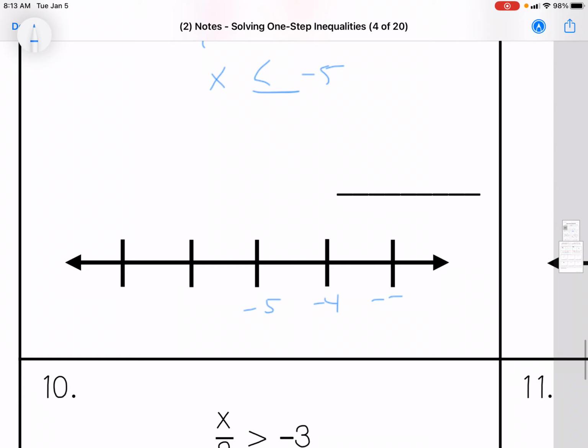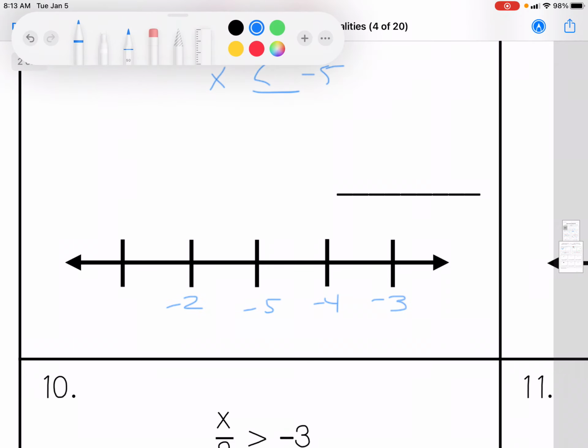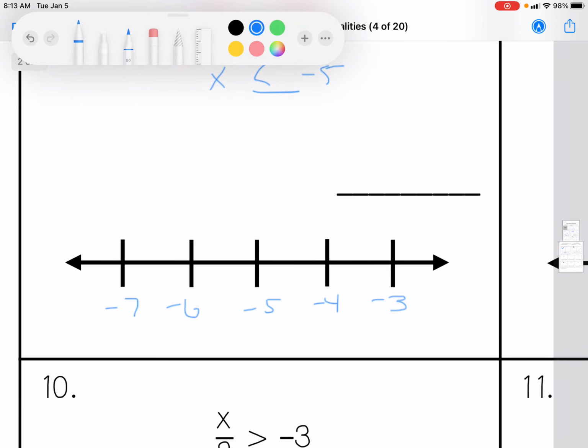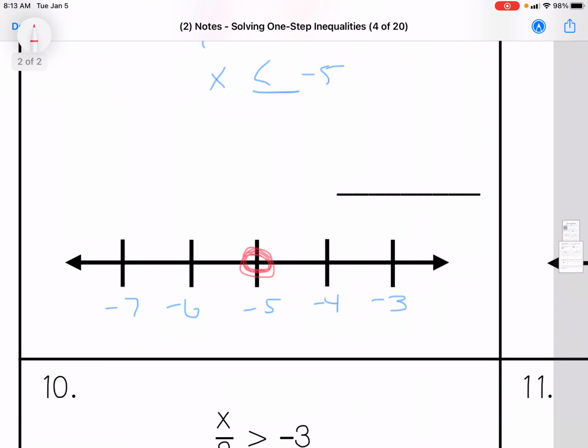There we go. All right, -5, it's an equal to sign, so we're going to close that in. And it is less than, so less than goes to the left. X is less than or equal to -5. There you go.